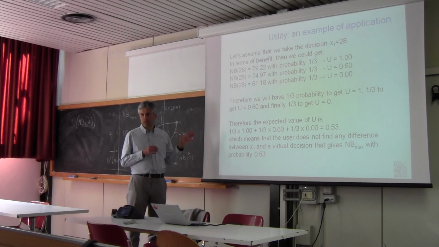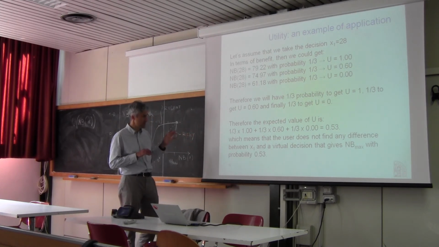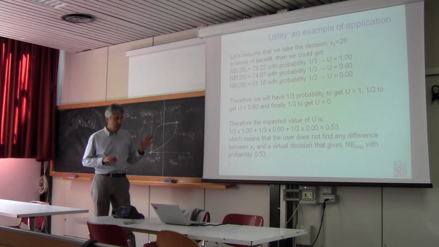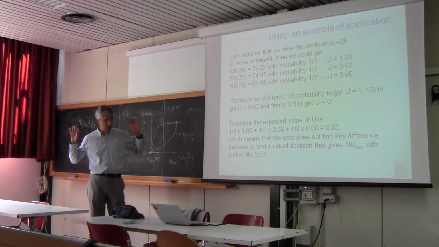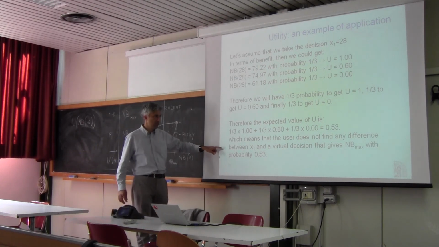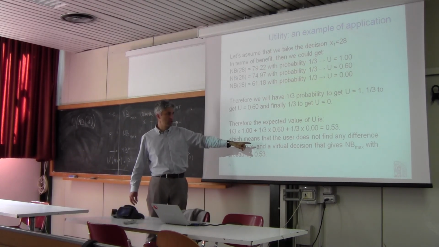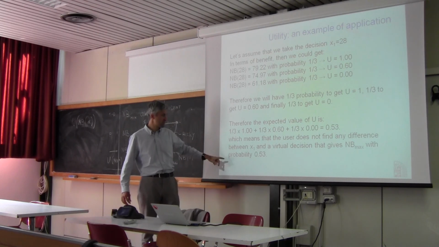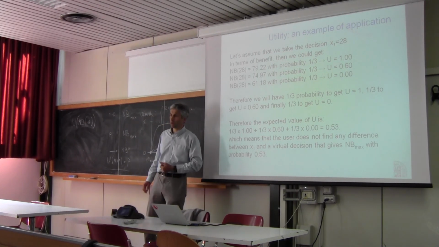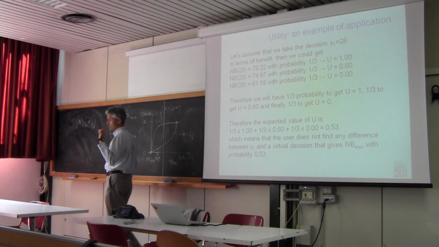So, what is the meaning of this computation that I performed here? The meaning is that the user does not find any difference between x prime and a virtual decision that gives the maximum benefit with probability 0.53. This is the meaning.